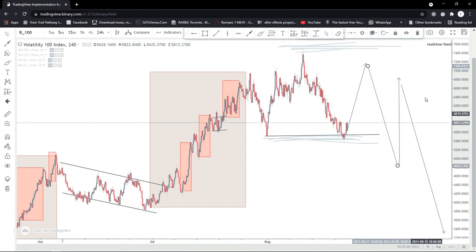It will come back to this order block it created there, and then it eventually breaks this low here. See guys, it breaks this low here, and most of you traders will be entering here.